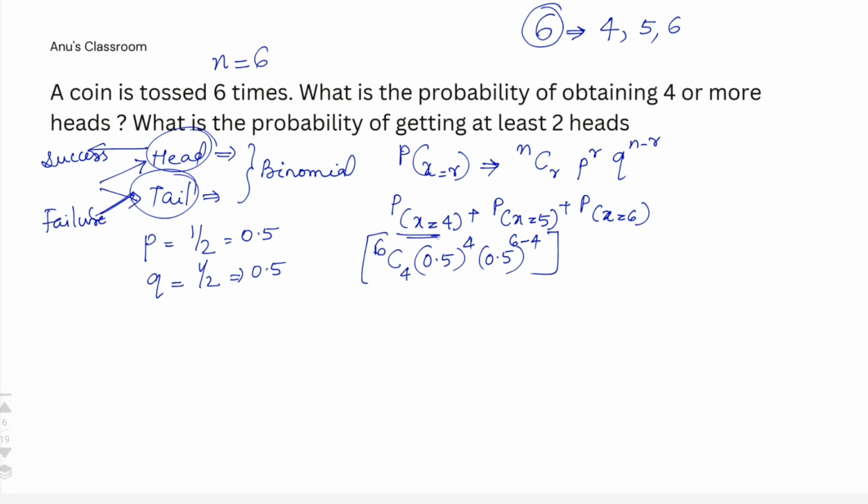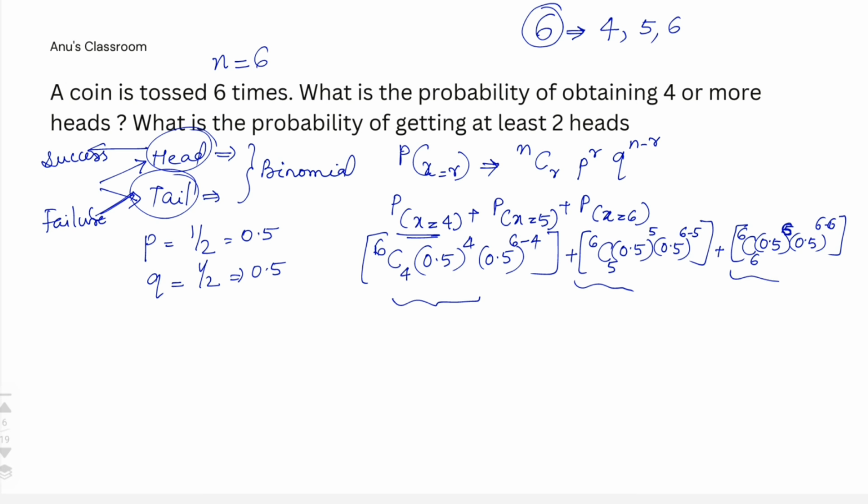Similarly, 6C5 0.5 raised to 5, 0.5 raised to 6 minus 5. And 6C6 0.5 raised to 6, 0.5 raised to 6 minus 6. Now, if you substitute these values and solve these equations, and you add them, you will get the probability of obtaining 4 or more heads.